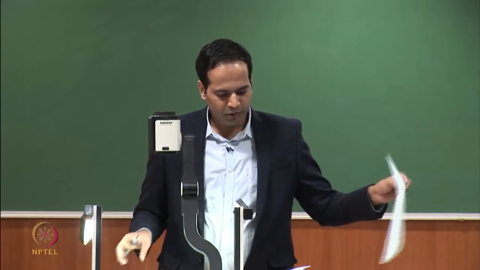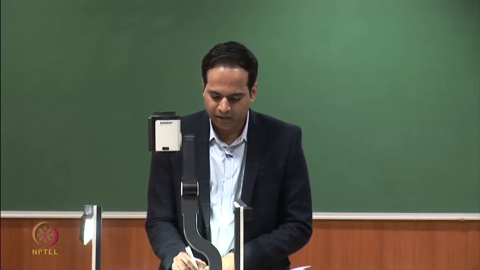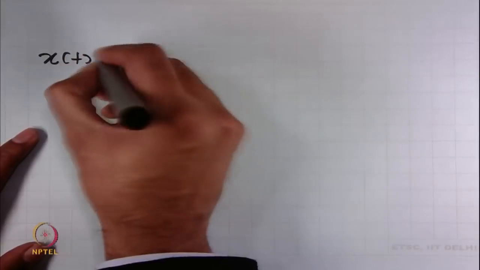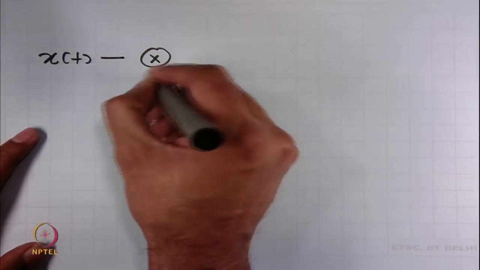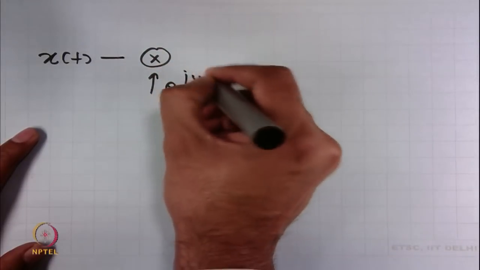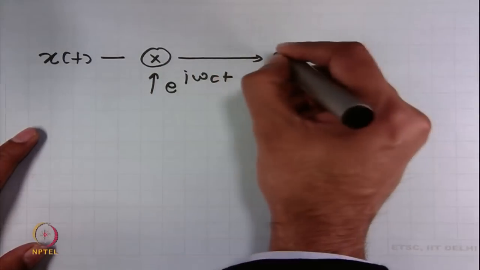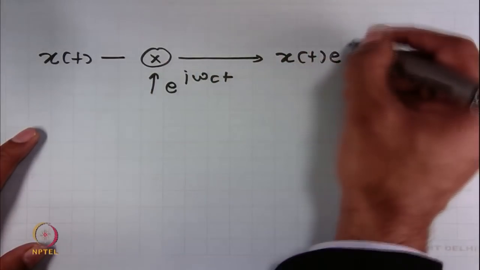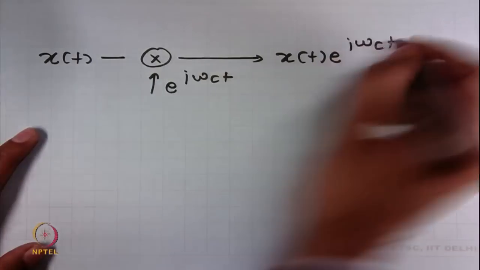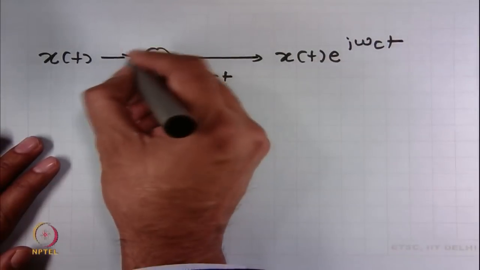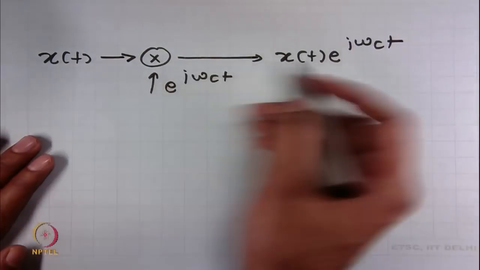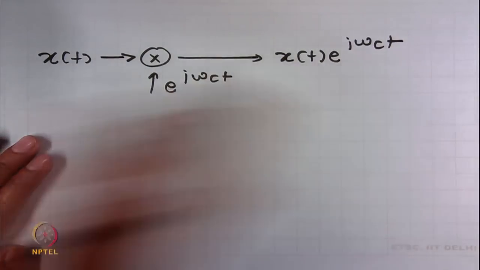Now, let us see one more thing. If you have this x(t) and you multiply it with e^{jω_c t}, we get x(t) e^{jω_c t}, and the question is, how can I get this x(t) back from this passband signal?